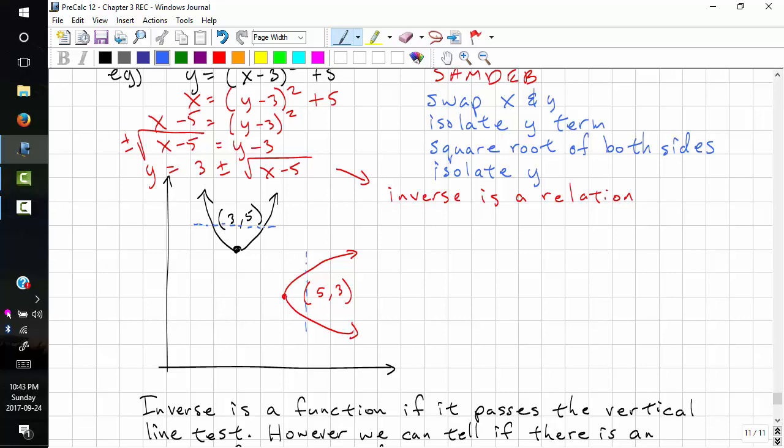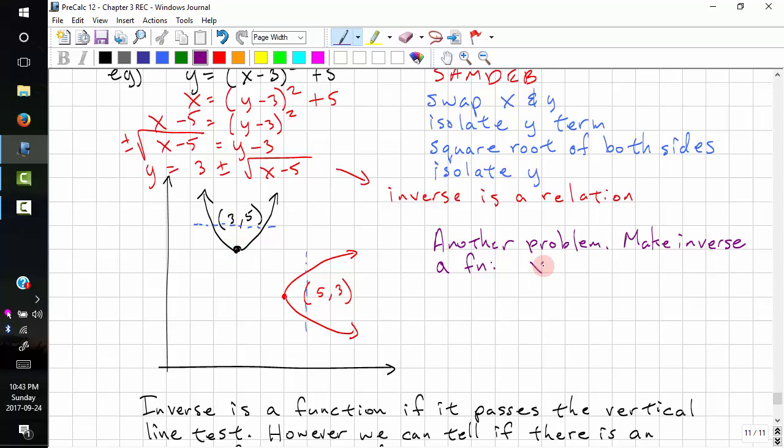Another problem that you'll have to tackle is how to make this function have its inverse be a function. Well, we need to limit the domain. So the only way to make this not cross 2 points is by splitting up the domain right there.